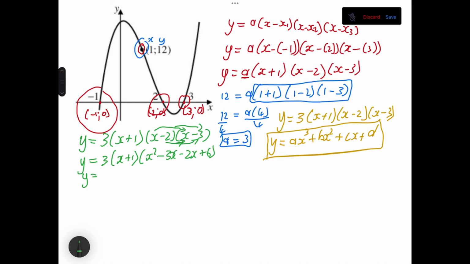So now y equals 3, open bracket, x plus 1, x squared, simplify the middle terms, gives me minus 5x plus 6. Now we multiply out the x with the 3 terms and then the 1 with the 3 terms. Right. So now we're going to get x cubed minus 5x squared plus 6x plus x squared minus 5x plus 6.